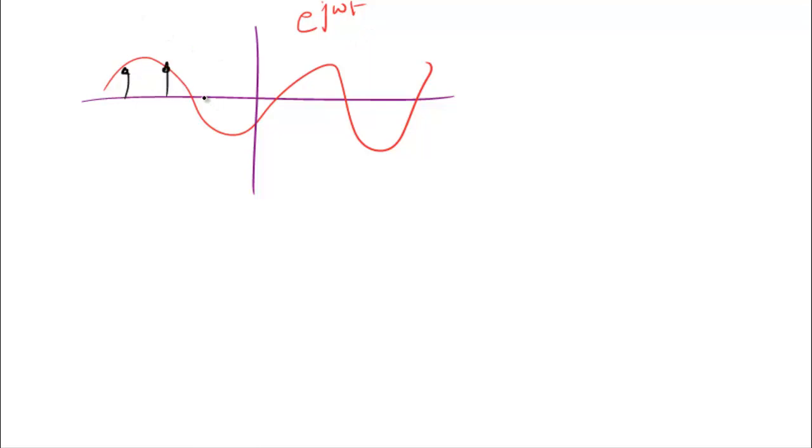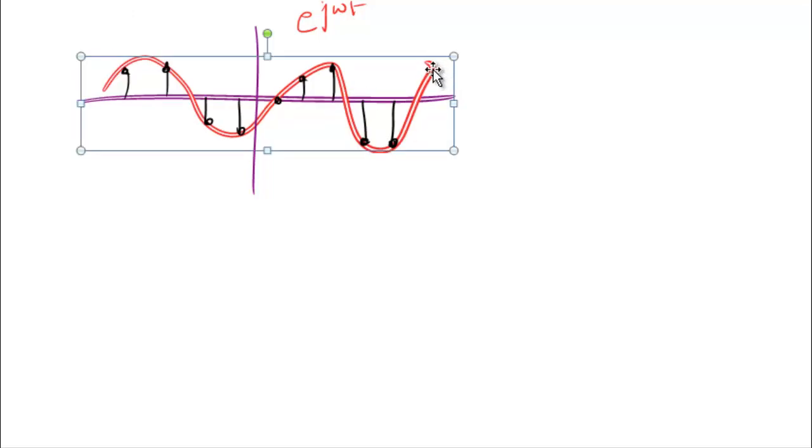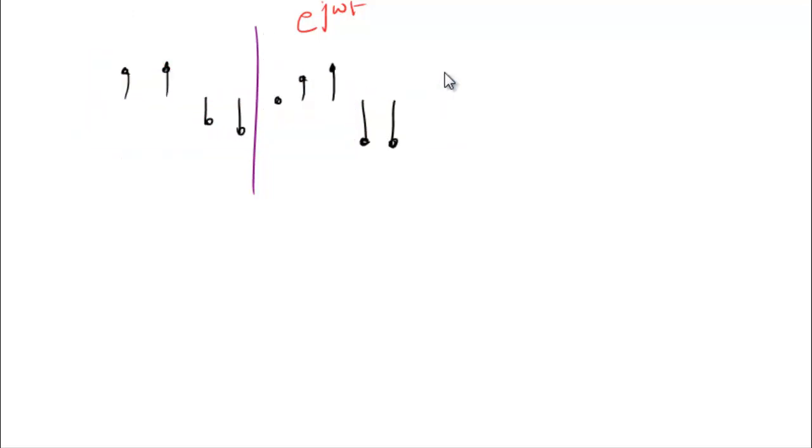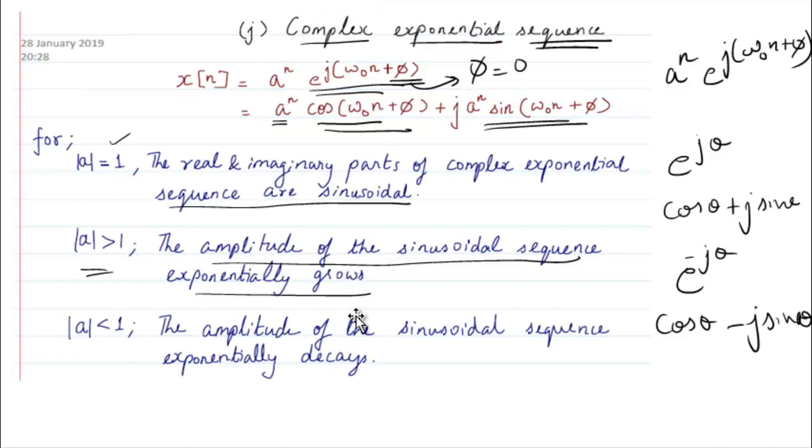If I take out the red wave, whatever remains is basically e raised to power j omega n. Instead of t, we are having n. So it is basically going to be a few samples like this. That's why it is not very prudent to draw it here, but you can understand the shape when you look at the value of a.